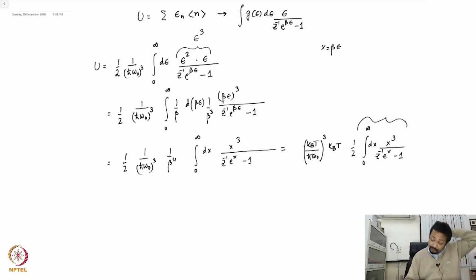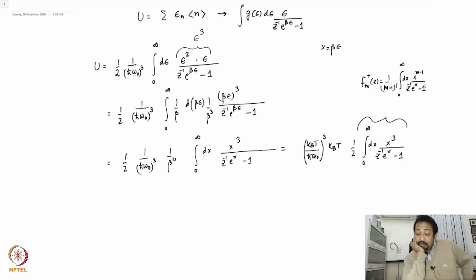Clearly, this integral is related to my function f m plus of z, which was 1 over m minus 1 factorial, integral 0 to infinity dx x to the power m minus 1 over z inverse e to the power x minus 1. Now you see that whatever I have within the integrand tells me that this is f4 plus of z, but the factorial does not match.